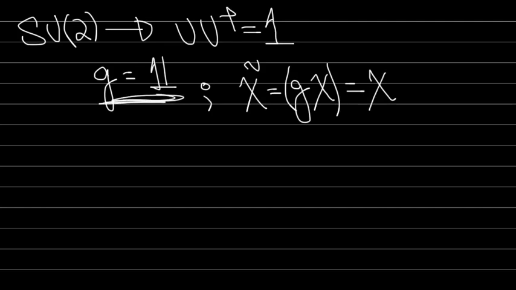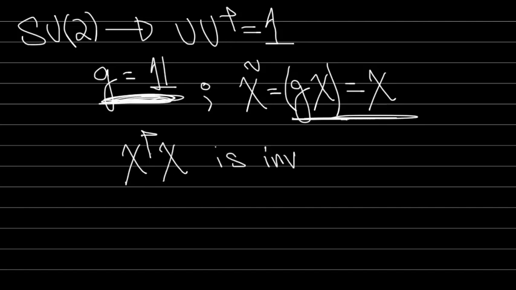Because we got this g as identity, and so if we take this, we get back our chi. And so again, this tells you that chi dagger times chi is invariant, right? So for spinors, we build an invariant out of spinors that is used for the Lagrangians, right?